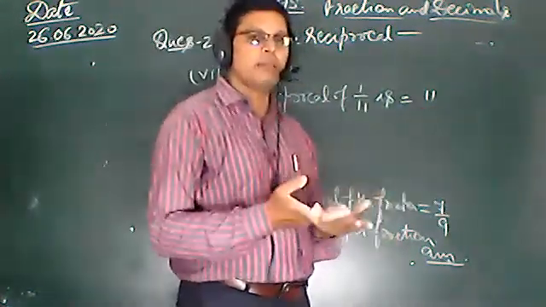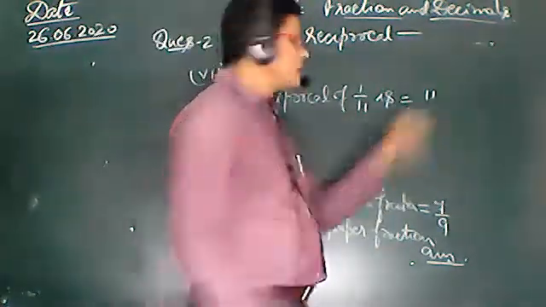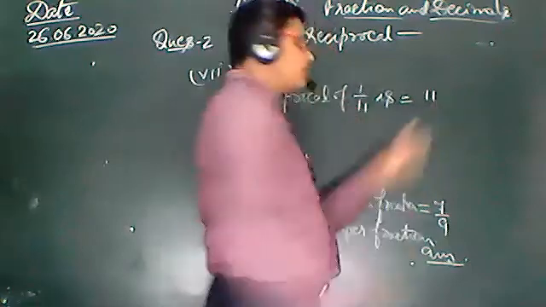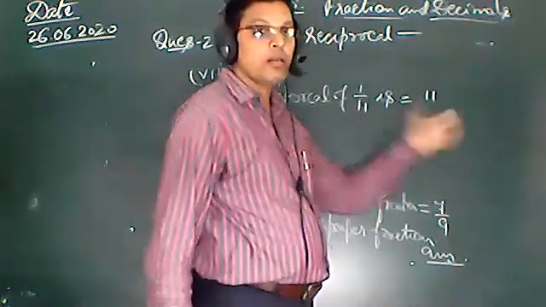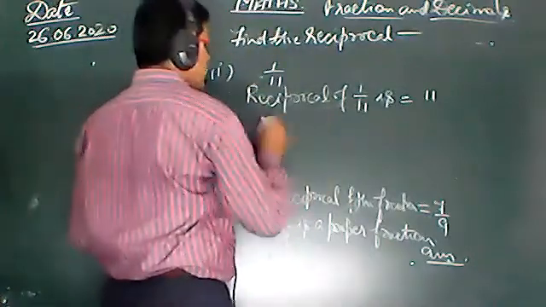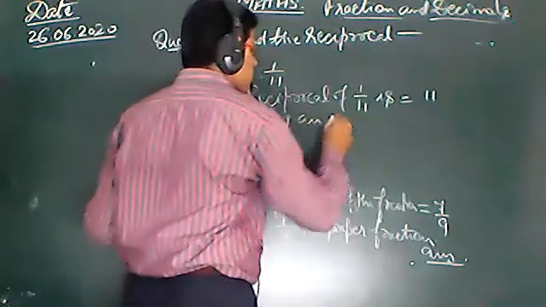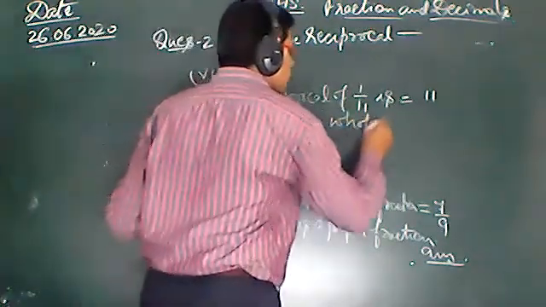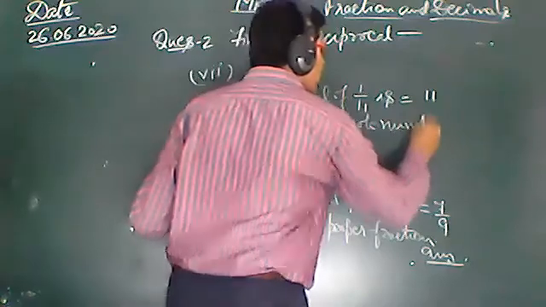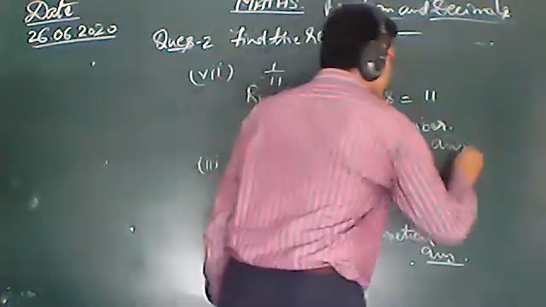Each and every number is divisible by 1, therefore we write 11. And 11 is a whole number. Already you know these numbers are whole, and that is our answer.